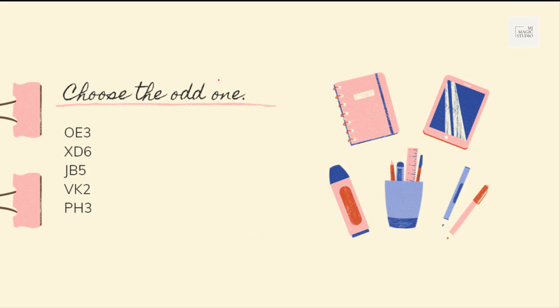One more, choose the odd one out on your screen. Besides word, number, letters classification, there also exists mixed classification in which a combination of letters and numbers is given.